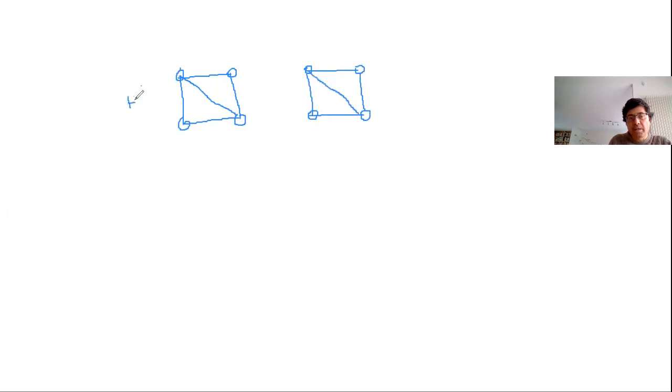So if this is Hi and this is Hj, and they have nothing in common, then the covariance of the indicators is 0, because by definition of the Erdos-Renyi random graph model, edges are independent, and we are asking about two completely disjoint sets of edges.